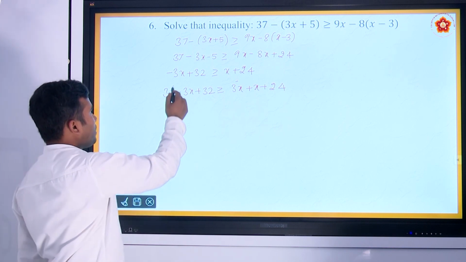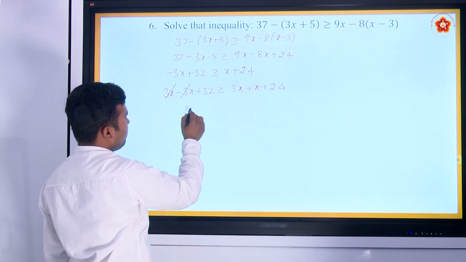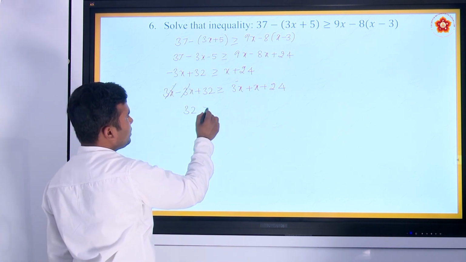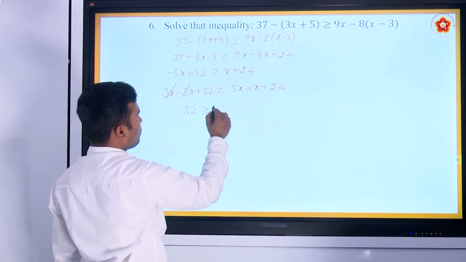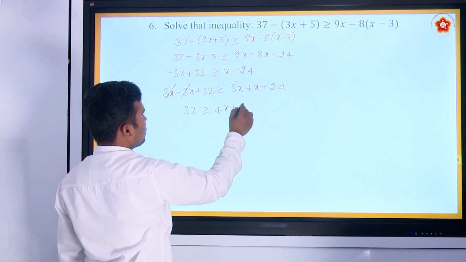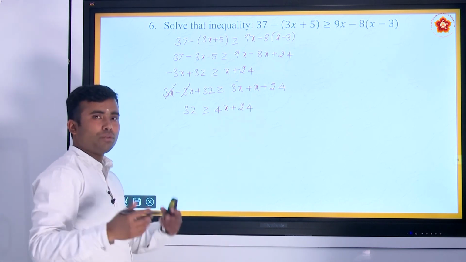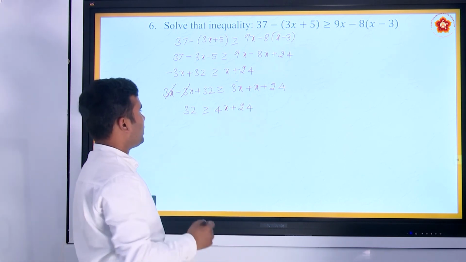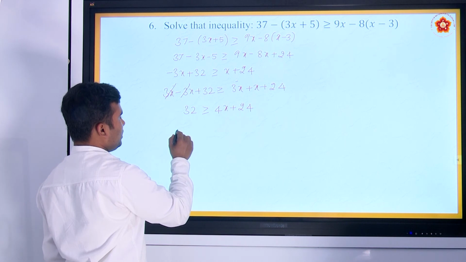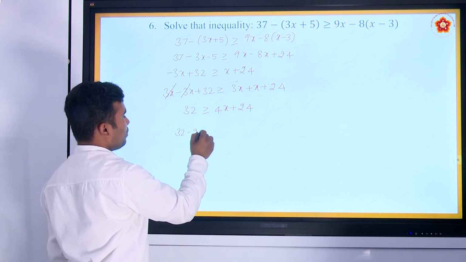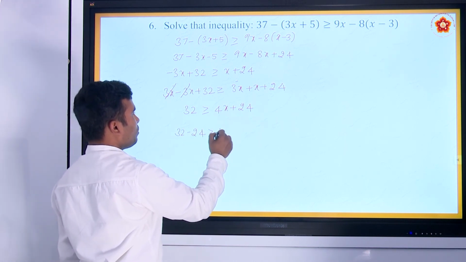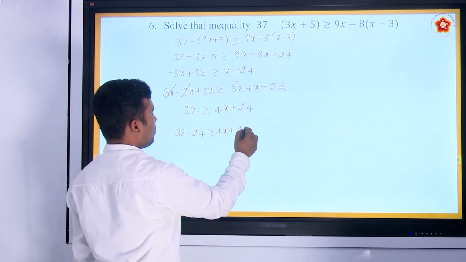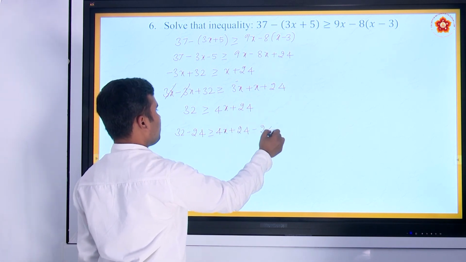This plus 3x and minus 3x will get cancelled. We are left with 32 which is greater than or equal to 4x plus 24. Now you can subtract 24 on both sides. That is 32 minus 24 is greater than or equal to 4x plus 24 minus 24.